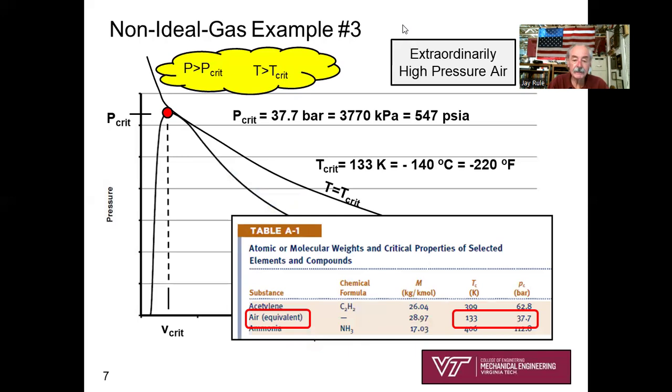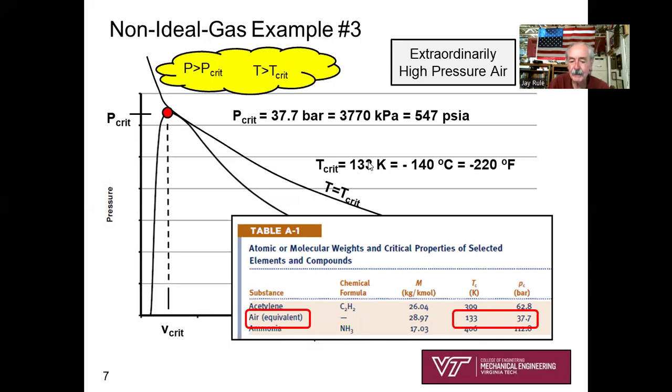All right, let's look at extraordinarily high pressure air. So what's the critical point of air? We're going to look up in our table up high. The critical temperature is 133 degrees K. What is this? 130 degrees K doesn't mean much to me.